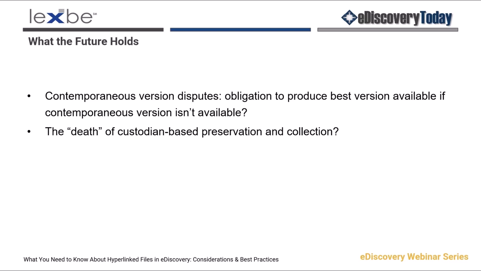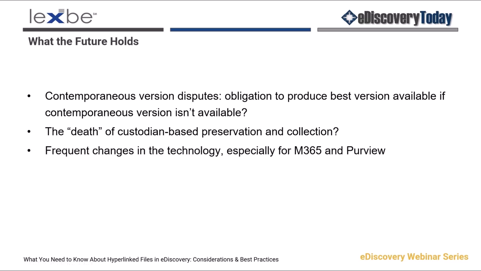It seems that cloud-based solutions like M365 are getting further and further away from the custodian concept in terms of how the data is stored. So this could eventually lead to a different approach for in-place preservation, where potentially responsive data is identified, perhaps through searching, regardless where it's located, and preserved in place across the enterprise instead of for specific custodians. I think that could eventually happen, and it might even happen sooner than we think.